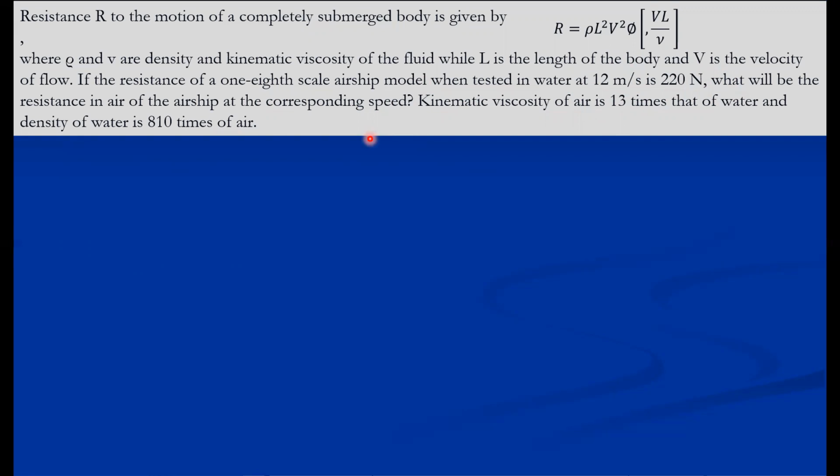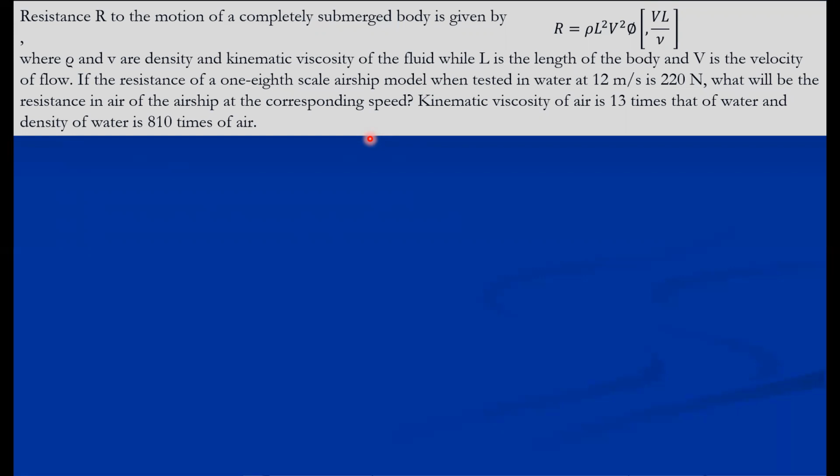While solving problems on model analysis or similarity, from the given statement we have to write the data in appropriate units. If the data is applicable to the model, we write it with suffix m. If it is applicable to the prototype, we use the suffix p.